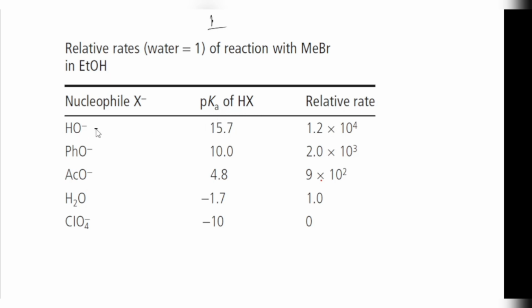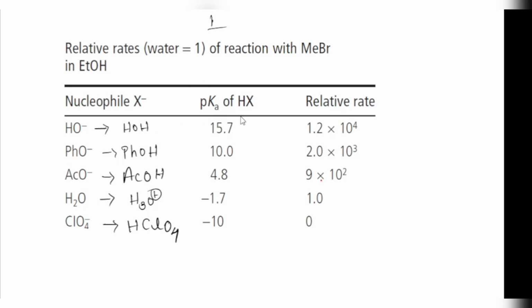In case of this, the pKa of water they have given over here, and here phenol, that is PhOH. Here acetic acid, correct, and here hydronium ion we can call, and here perchloric acid, that is HClO4. They have given the pKa of these.